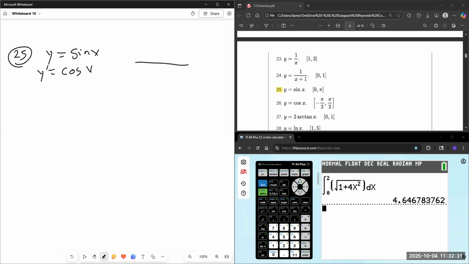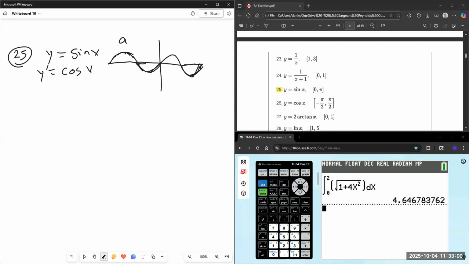Part A, sine looks like this. I'm pretty bad at drawing right to left. Not that great drawing left to right either, but better.